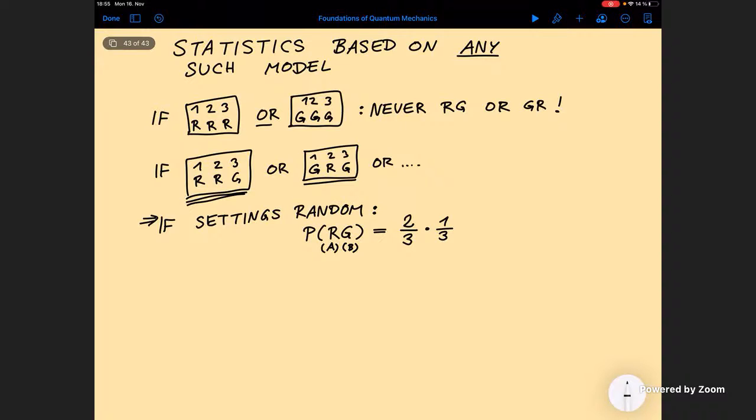So the probability to get the particular combination red-green is just 2/3 times 1/3, which is 2/9. Well, that's simple algebra. And now I claim the following. 2/9 is obviously less than 2/8, simply because I have now reduced the denominator. And 2/8 is 1/4.